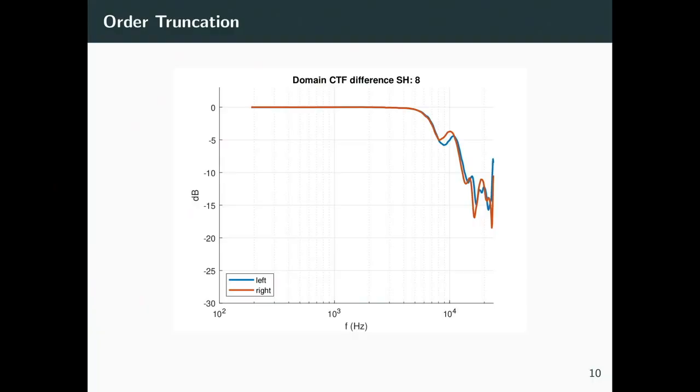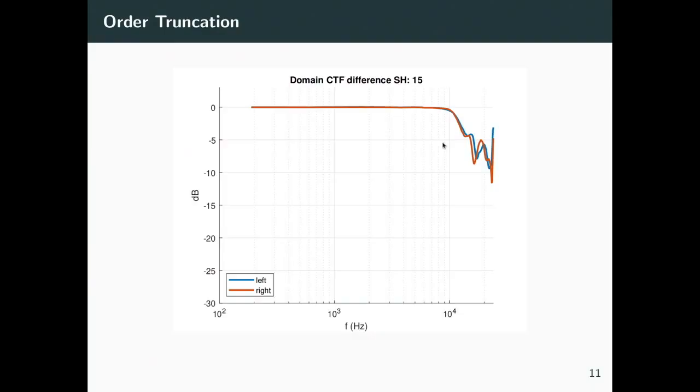We would miss a lot of high frequencies. And as I said, we have a tuning parameter, so we can just increase the order a bit. Here we are already at 8th order, so we already have 81 channels. We're doing quite a bit better, so the aliasing frequency goes up quite a bit, but we still see that we are missing 15 dBs in the highs.